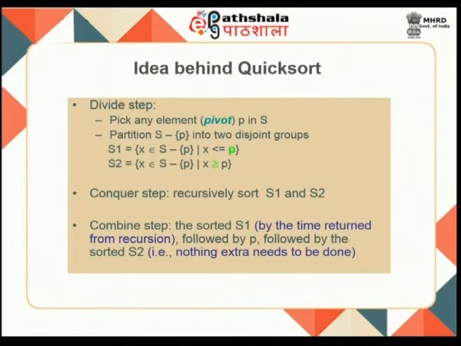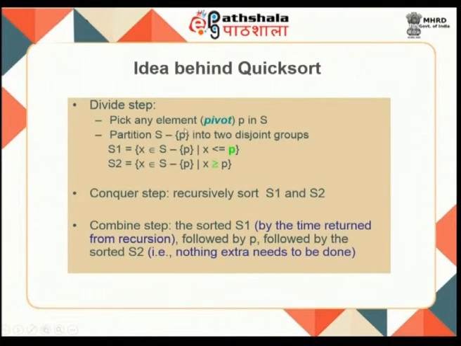What is the idea behind Quicksort? Quicksort was designed by Hoare, and the idea is very simple: we pick an element called the pivot element, and then divide and conquer. We divide the problem into subproblems.